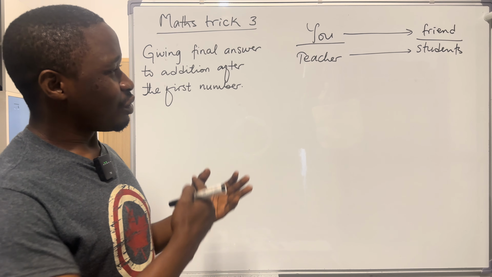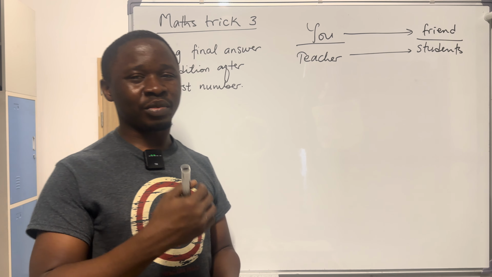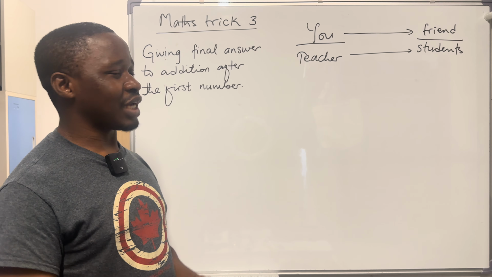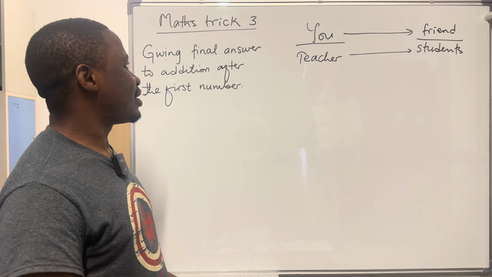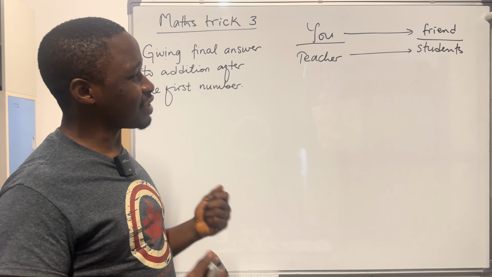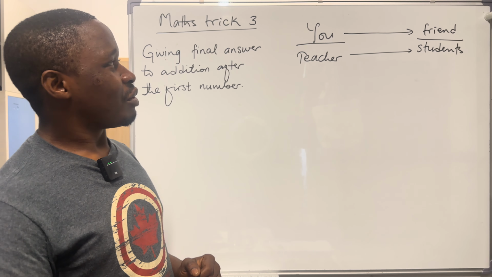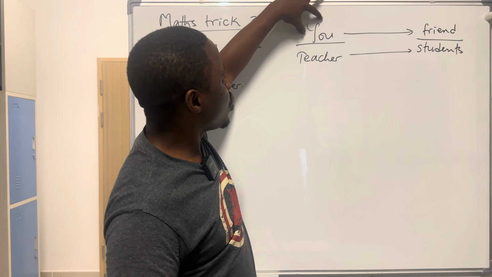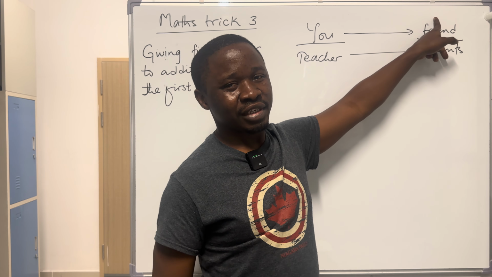We are going to have some numbers that we shall add later, but we write the final answer just after the first number. This is an interactive one between you and your friend.